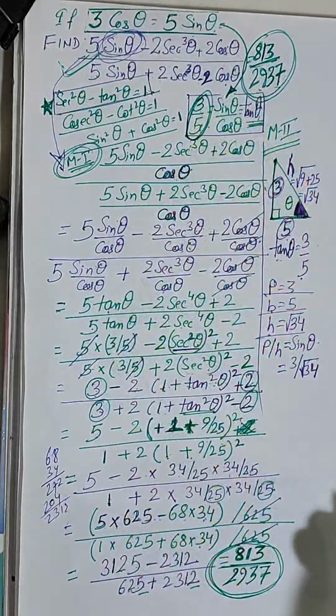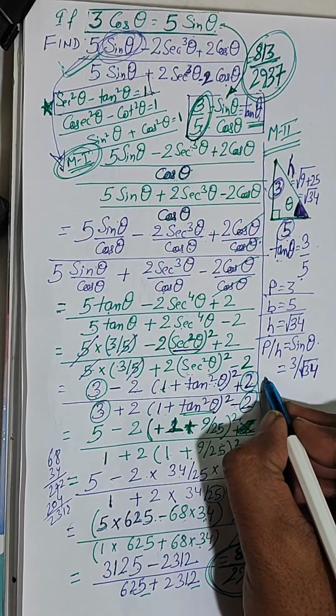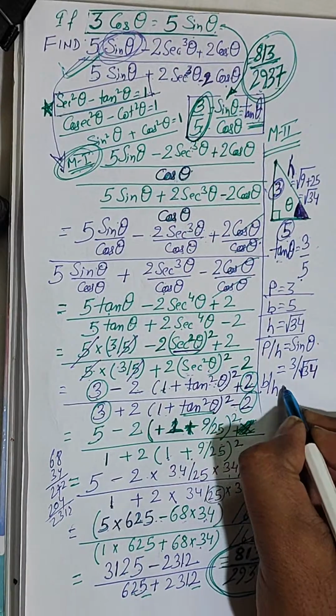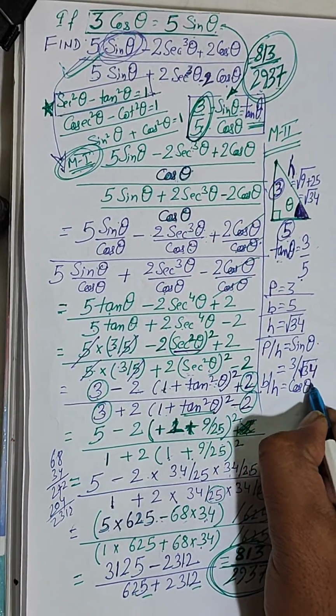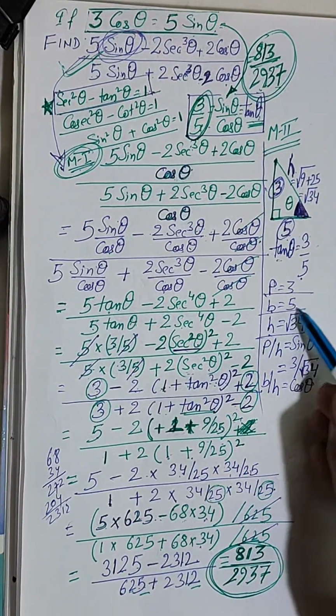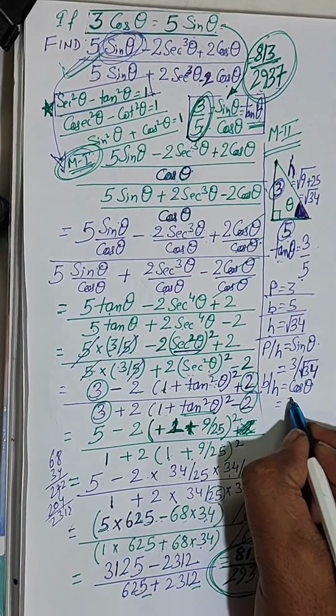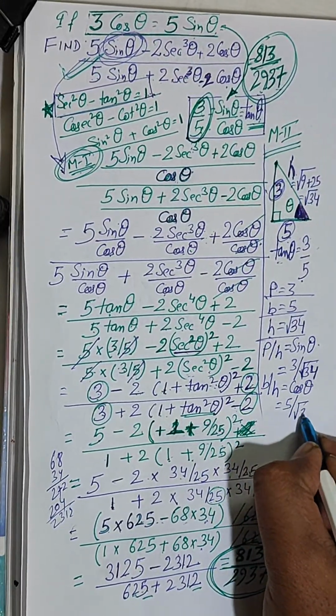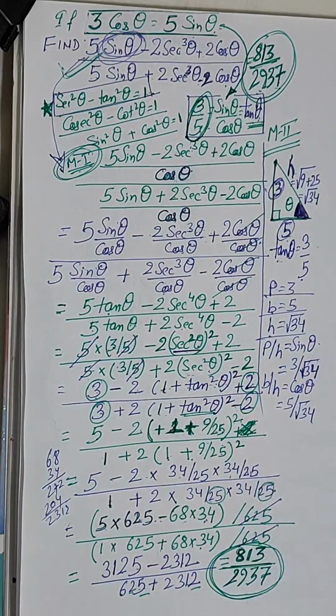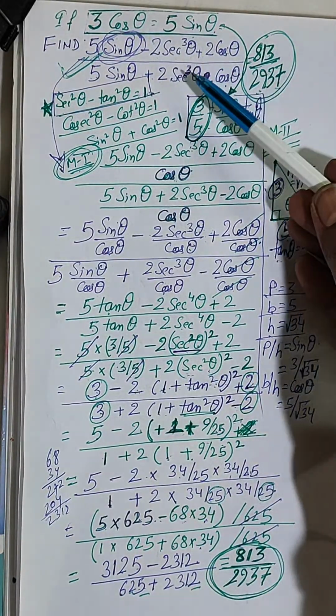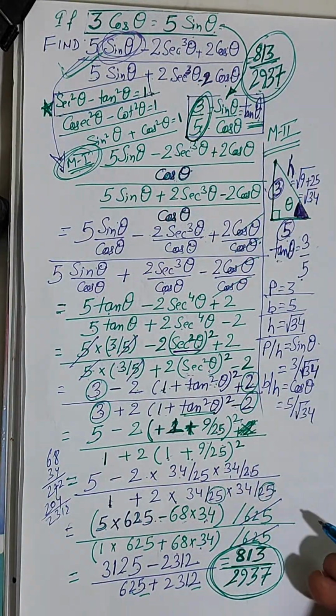Again, what is cos theta? B by h is cos theta, and that is equal to 5 by root 34. And what is the third term in your identity? Sec cube theta.